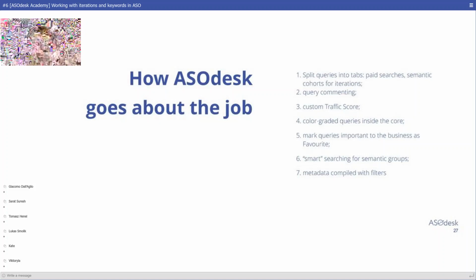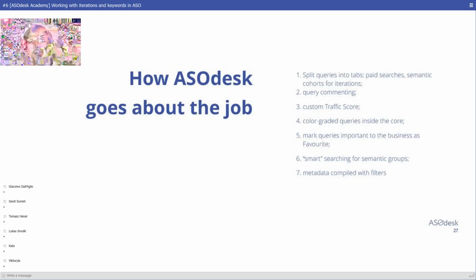As I've said, to be effective with the keywords, we are splitting queries into tabs. For example, we are creating a tab for paid searches. We're creating tabs for different semantic cohorts. We're creating tabs for iterations. We're adding comments to the queries.